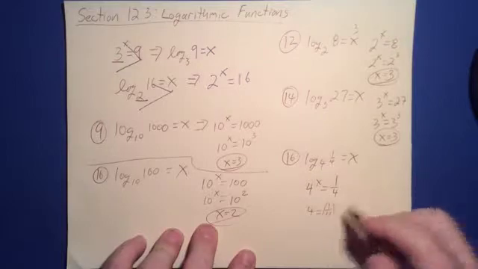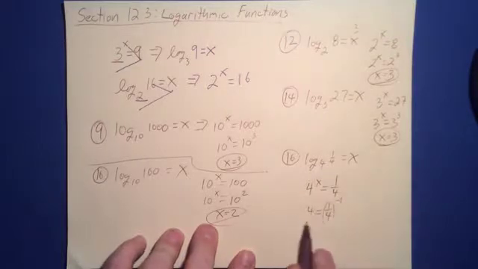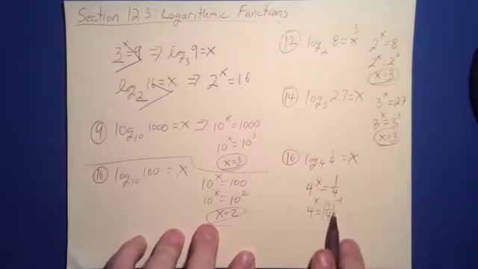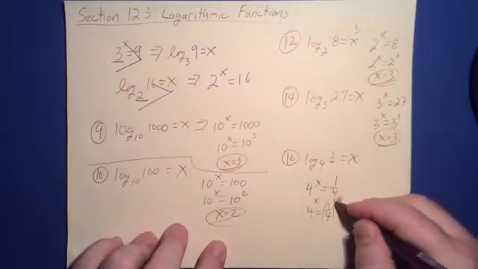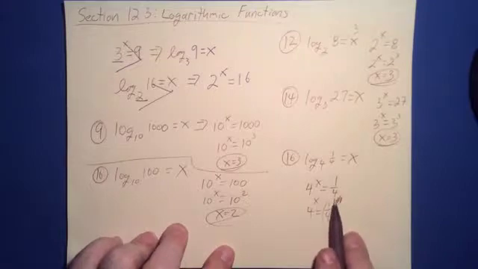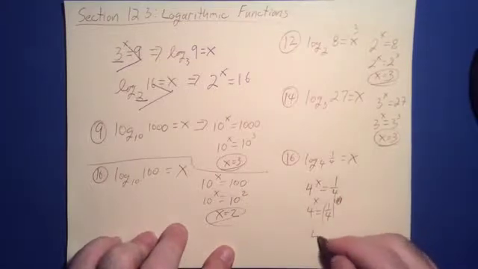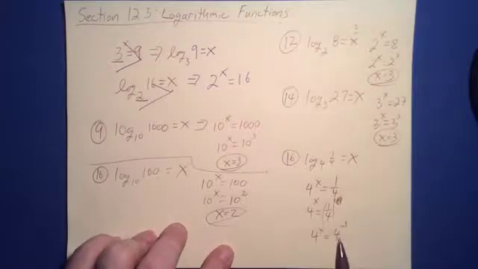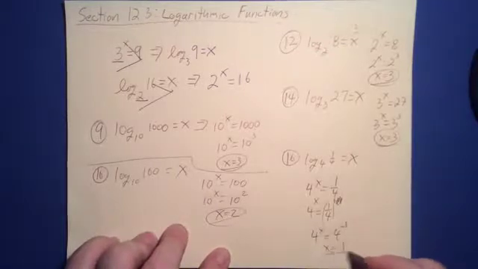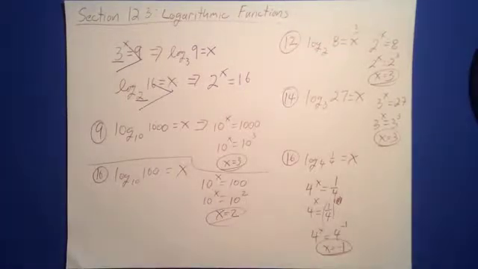But if I want this to be 4, I'm going to make this to the negative 1. So 4 to the x is going to equal 4 to the negative 1, because 4 to the negative 1 is equal to 1/4. So if 4 to the x equals 4 to the negative 1, x equals negative 1.